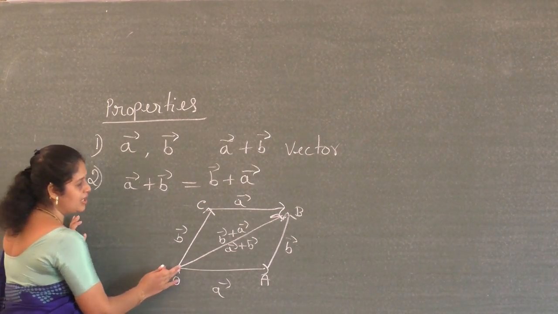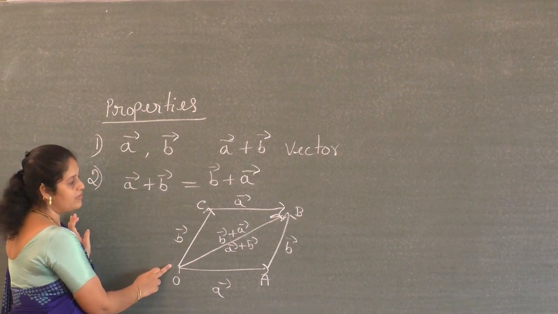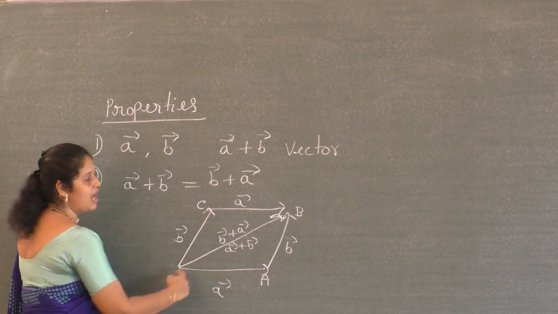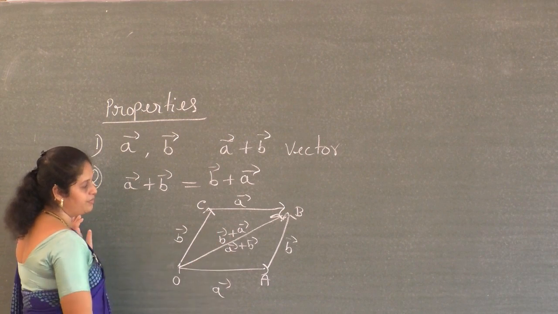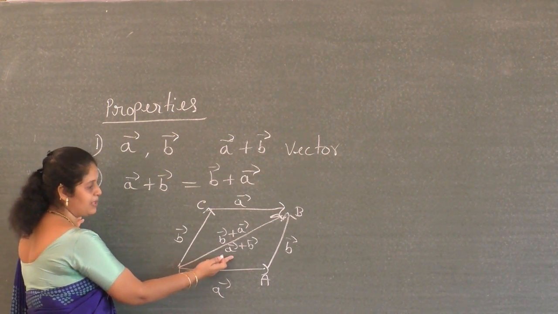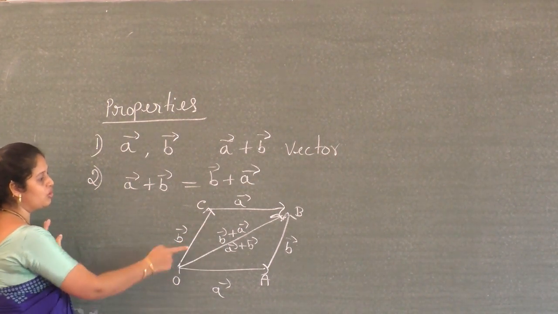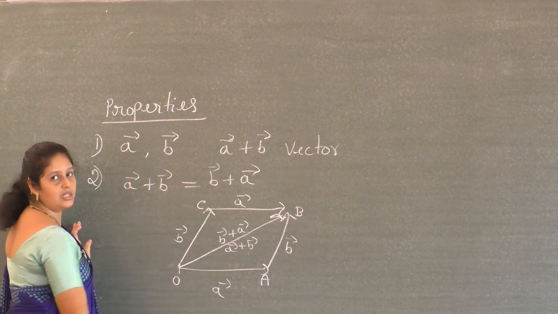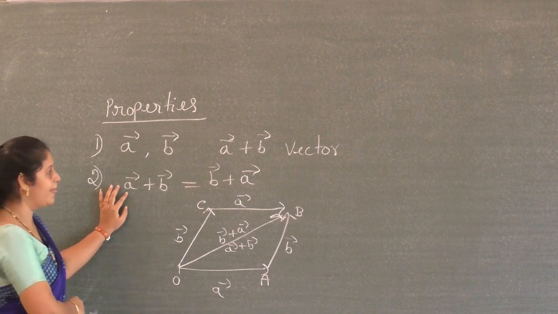Here you can see one diagonal, vector OB, which is the sum of the two vectors, vector A plus vector B. Also, that same diagonal is vector B plus vector A. Therefore, vector A plus vector B is equal to vector B plus vector A. Commutative law satisfied.